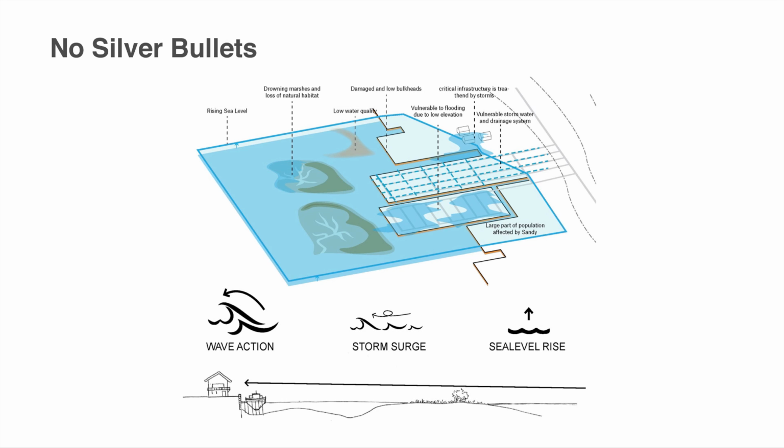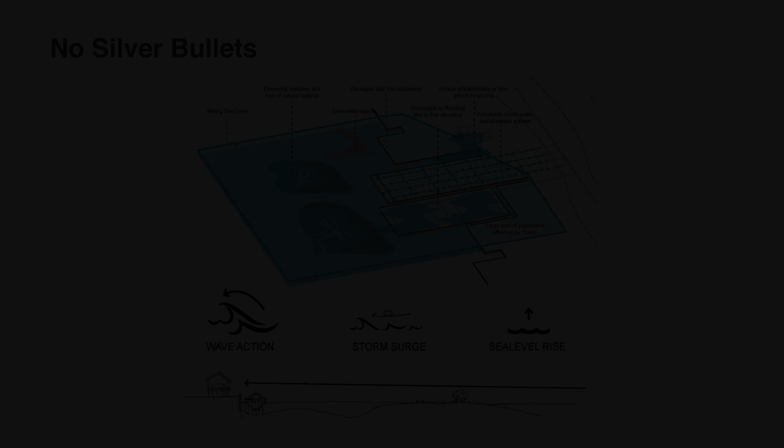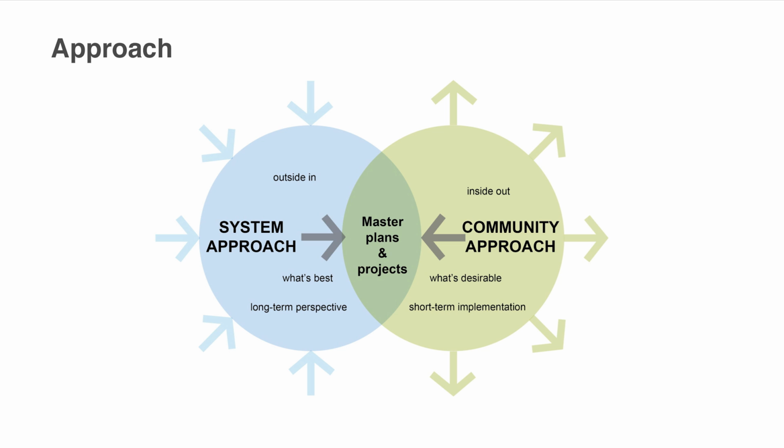There are no easy silver bullets here. There's a lot of low-lying land, and there's the question of what to do. Some problems are local, like wave action. Others are interrelated, such as storm surge and sea level rise. We advocated for a system approach wherein we would look at this natural system and see how we, for example, could work with the sediment systems on a long-term plan, strengthening the coast.